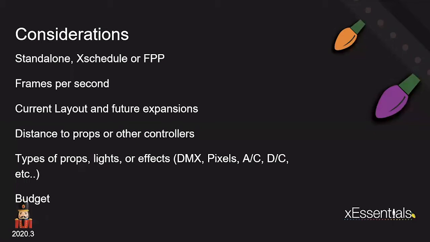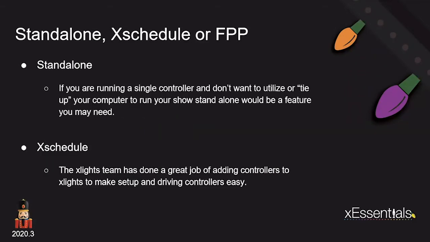We'll drill into each one of these a little bit further, just to explain what would work best for you. So with Standalone, xSchedule, or FPP: with Standalone, the controller will operate by itself. You don't have anything else connected to it. You send all of your files to the controller, and it'll operate on its own via an external timer to turn the controller on, or you go in and program the controller to come on at a specific time.